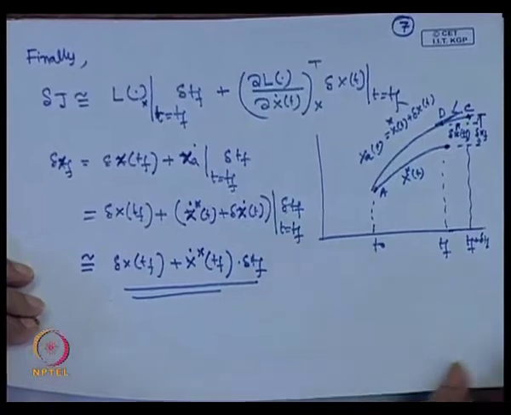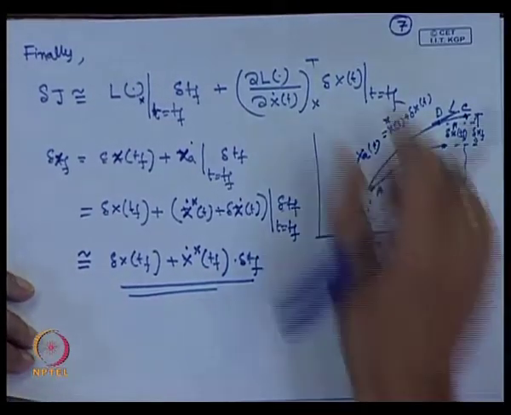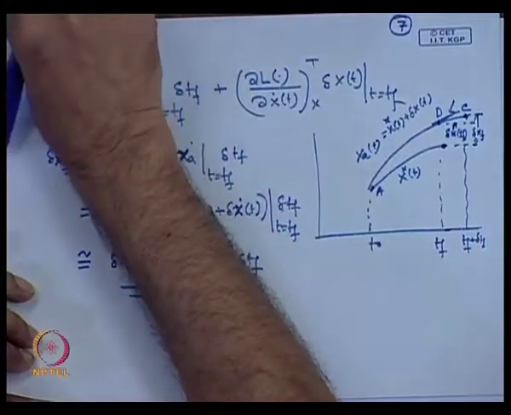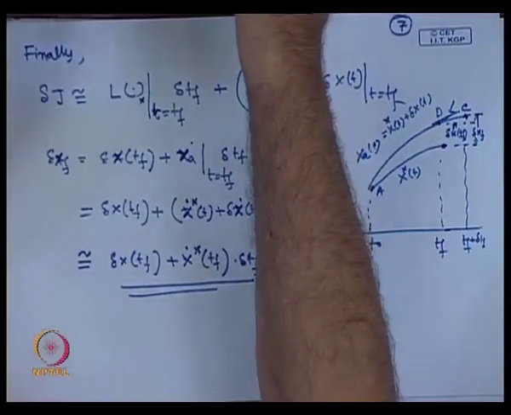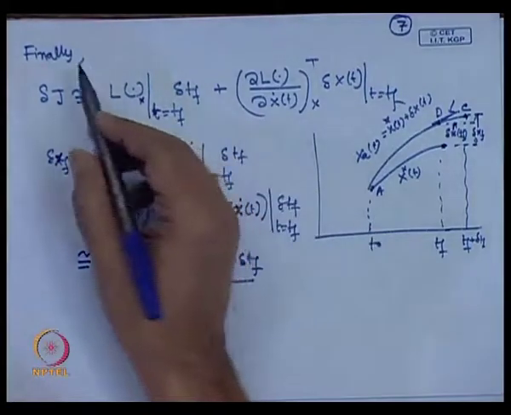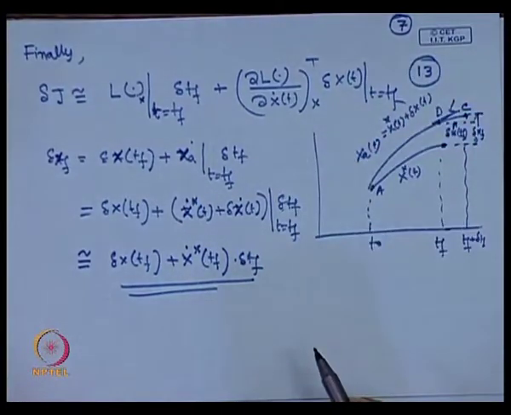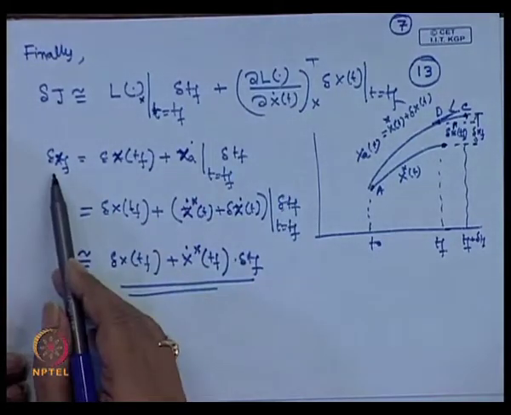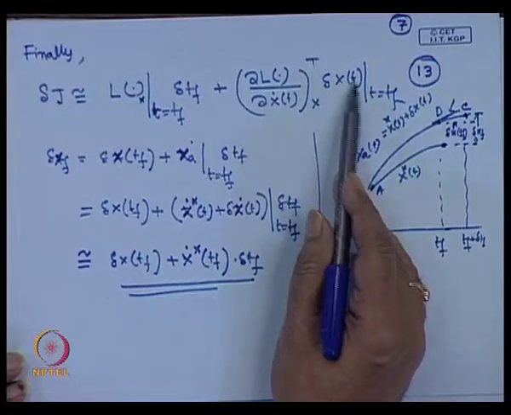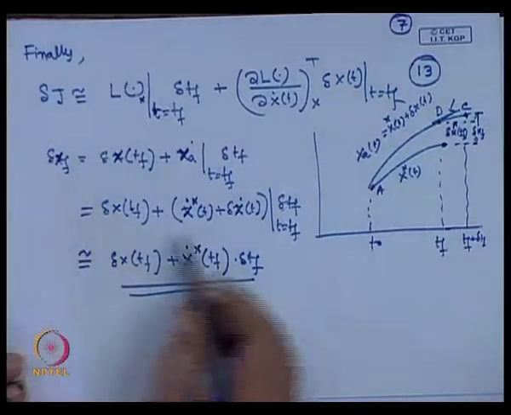So, the equation we got, equation 12, and let us call this equation number 13. Agree? Now use this value of delta x at t is equal to T f; I can use the value from here.